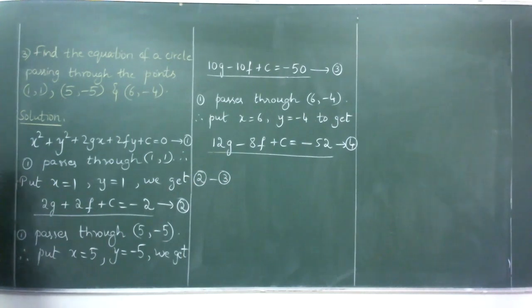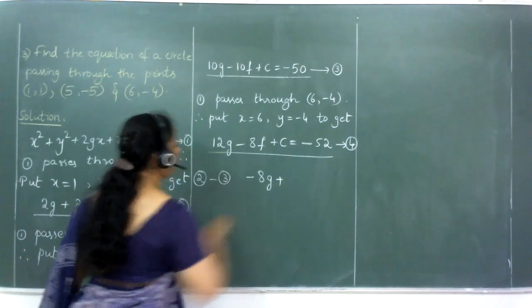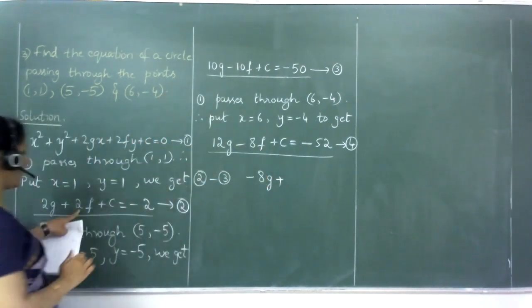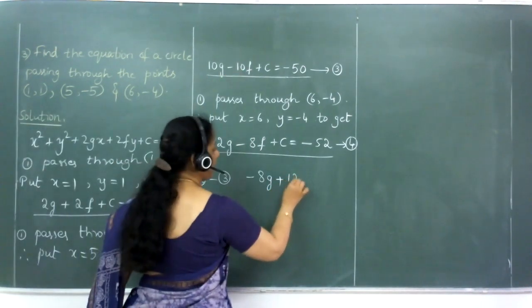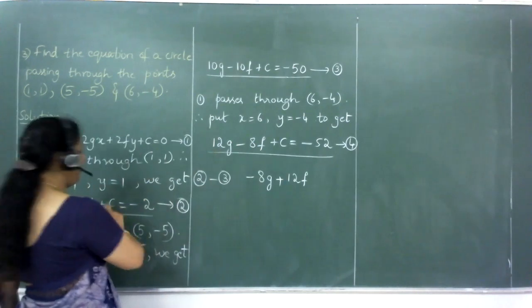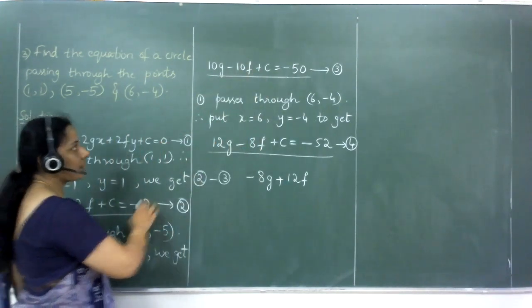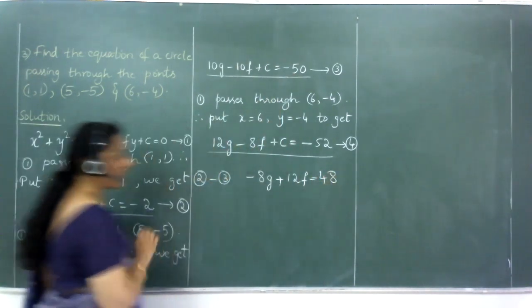So when I subtract equations 2 and 3, equation 2 minus 3 has to give me minus 8g. You get 2g minus 10g, which is minus 8g, plus 2f plus 10f has to give me plus 12f, plus c minus c will get cancelled out, minus 2 plus 50 has to give me plus 48.